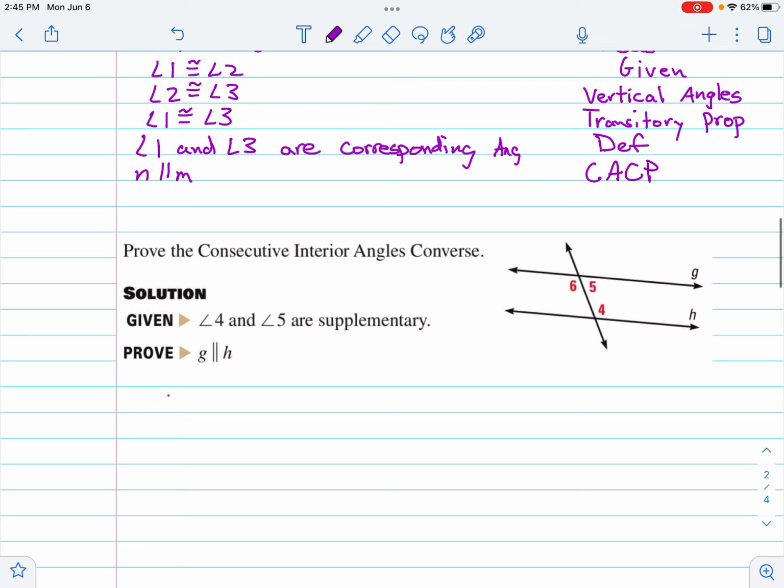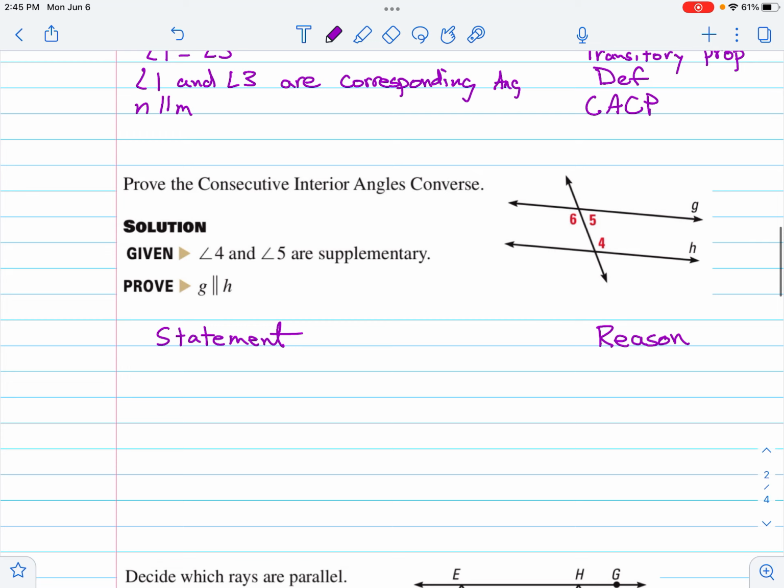Okay, so let's start here. We've got a statement, and we've got a reason. Okay, so first of all, angle 4 and angle 5 are supplementary, and that's given. So that's always the first step.